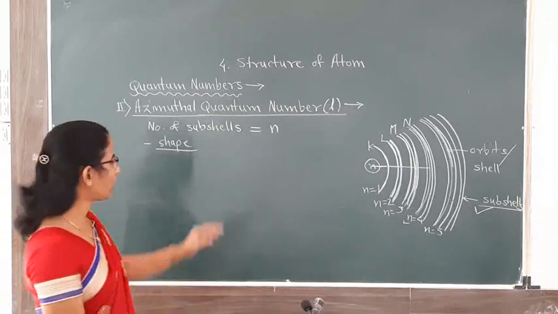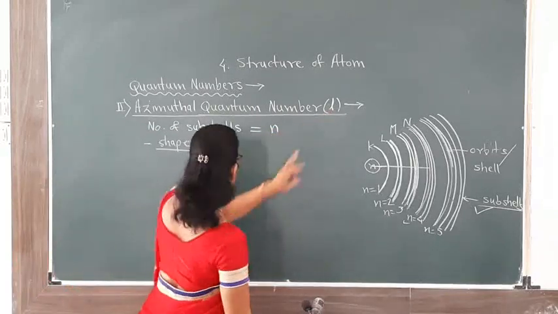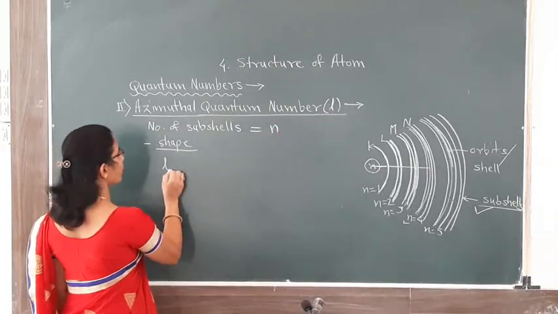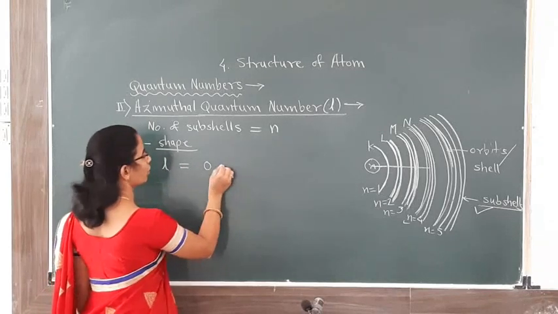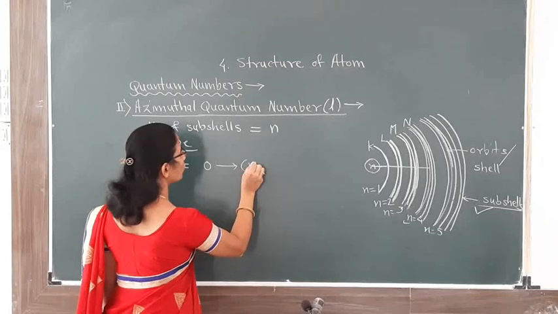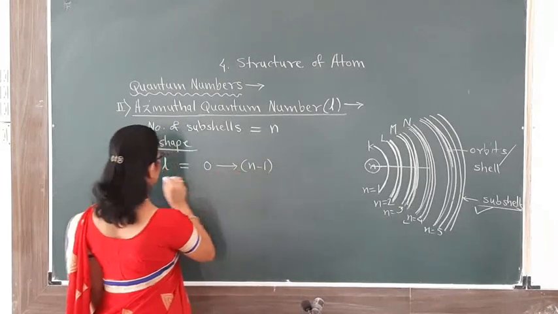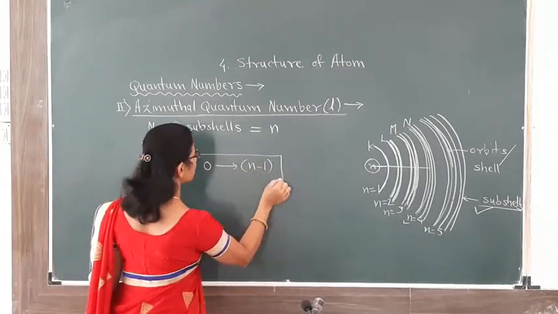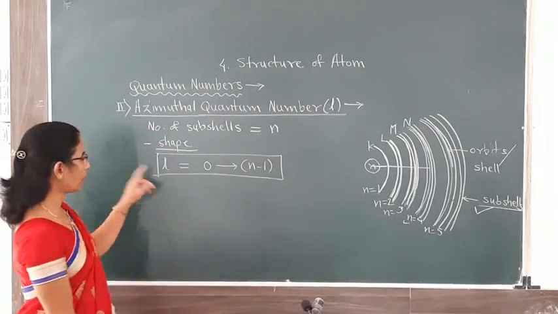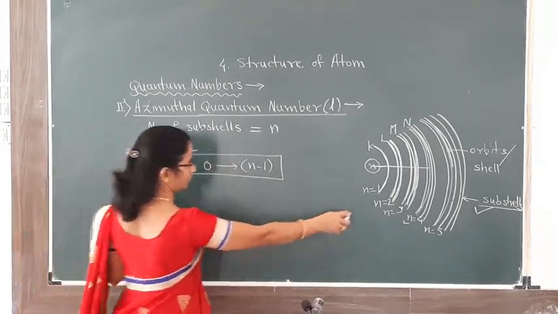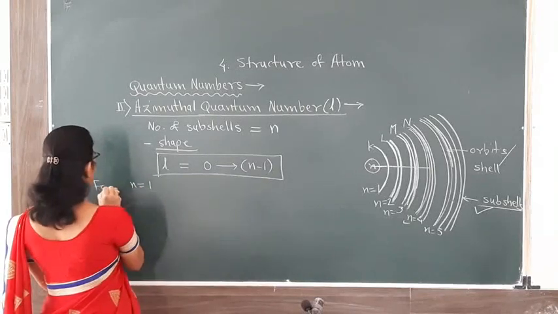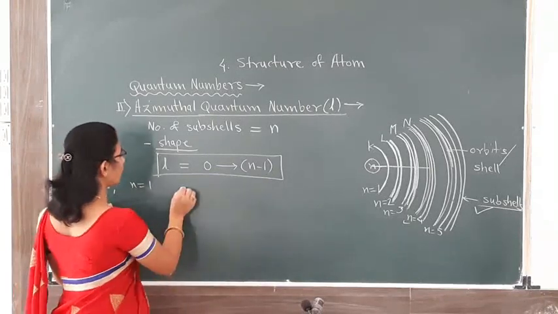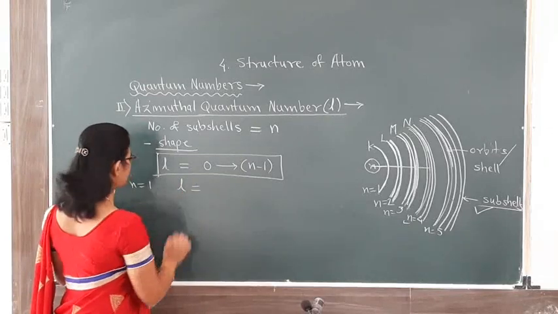Now here, what are the values of l? Let's see. The values of l range, starting from 0 and ending at n minus 1. This is very important. Now let's see the first shell. n is equal to 1. If n is equal to 1, then what are the values of l? Let's see.